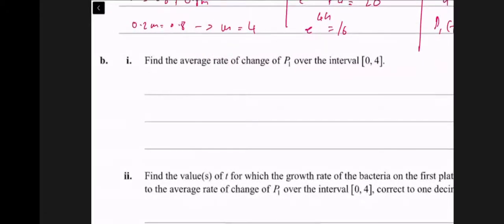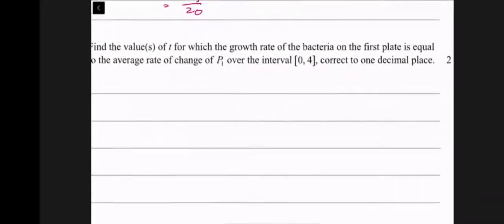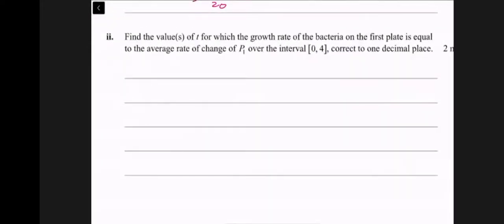So find average rate of change. So average rate of change is just P(4) minus P(0) over 4 minus 0, and you get 3 on 20. So find values for which the growth rate is equal to the average rate of change.